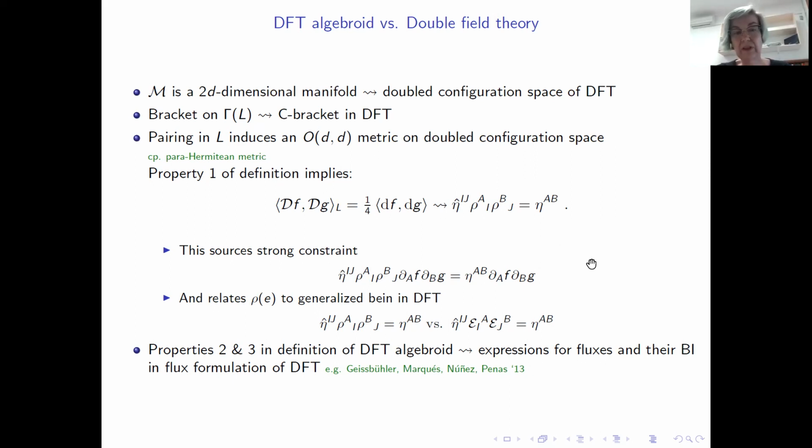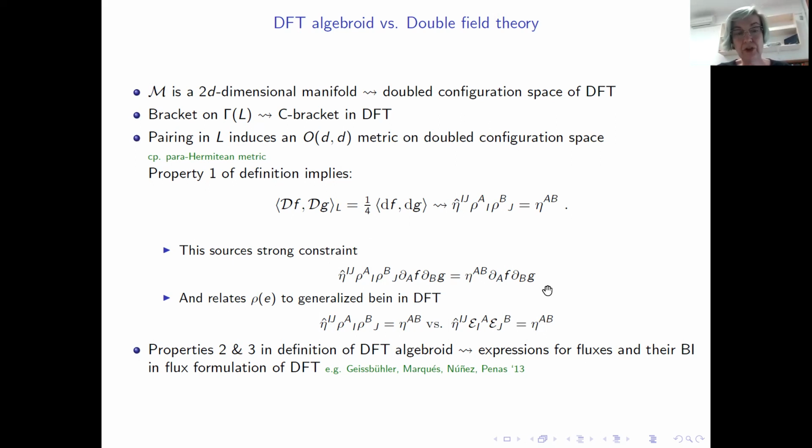At this point, what is relevant is that when I compare this expression here with the expression I gave you about the properties of the generalized fluxes, the generalized vielbein in double field theory, you can, in principle, identify the anchor map of the DFT algebroid with the generalized vielbein of double field theory.